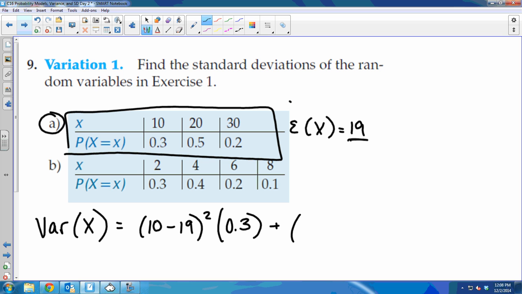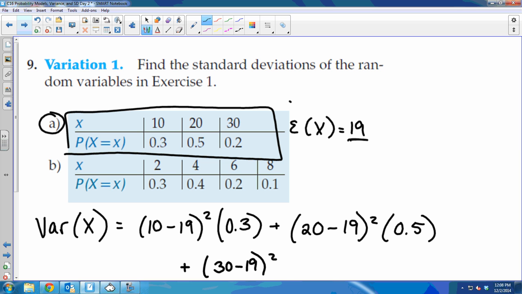And then you add the next one. The next outcome is 20 minus 19 squared times 0.5. Plus 30 minus 19 squared times 0.2.